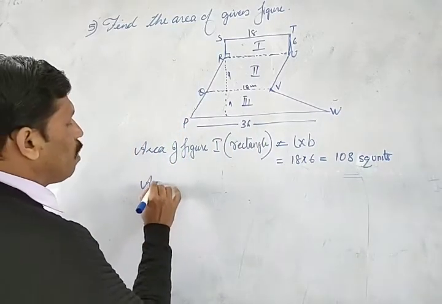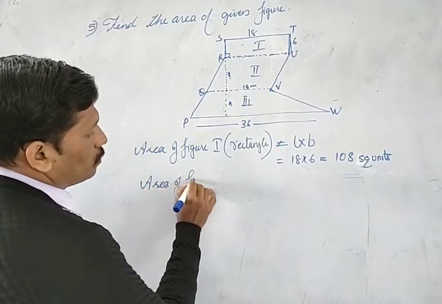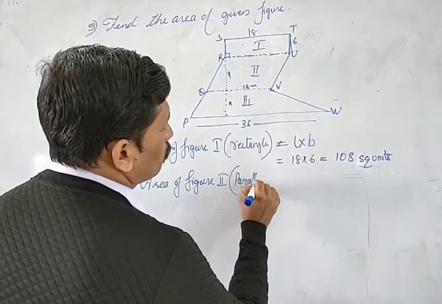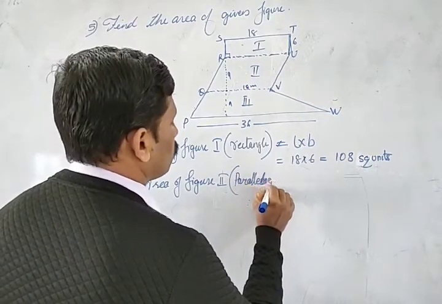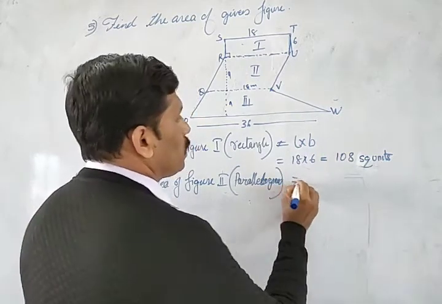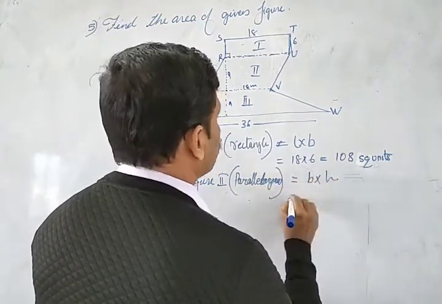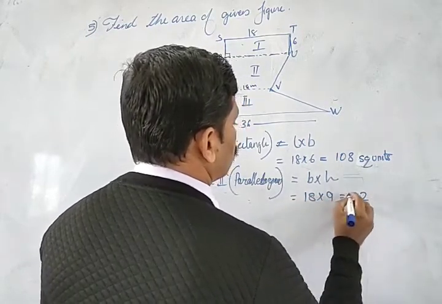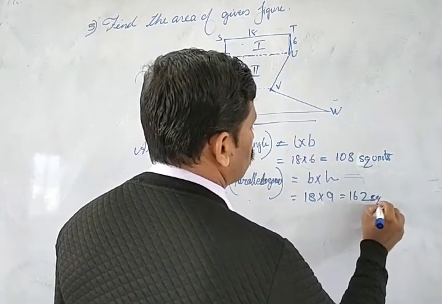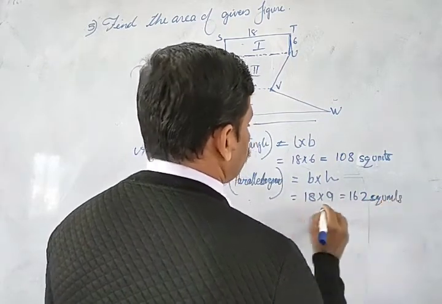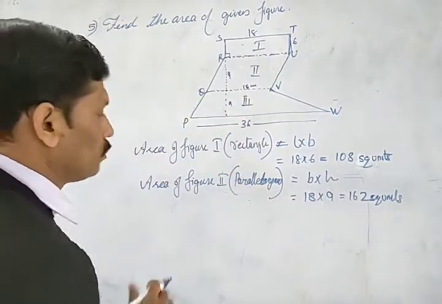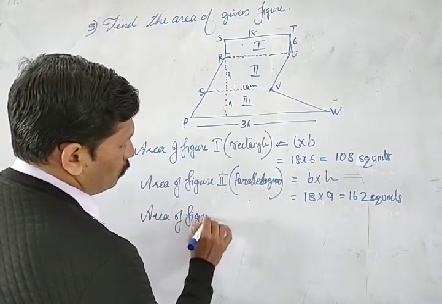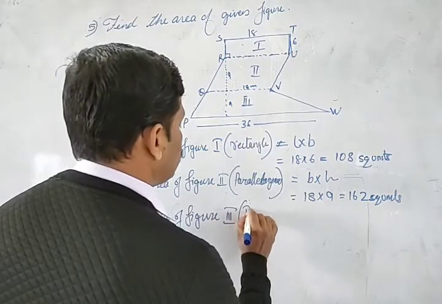Next figure, area of figure 2. That's a parallelogram. That is equal to base into height. Base is 18 and height is 9. That is 162 square units. Next, area of figure 3. That's a trapezium.